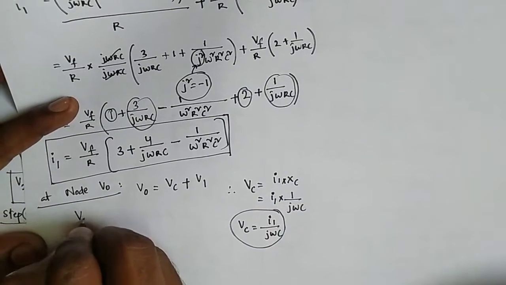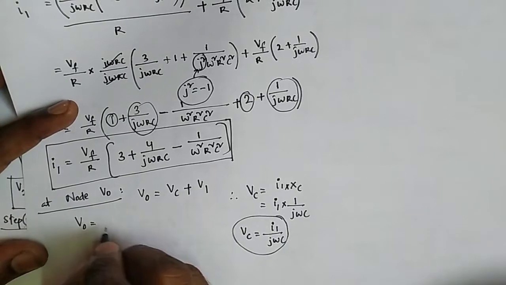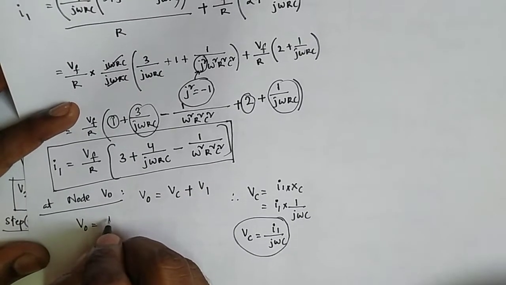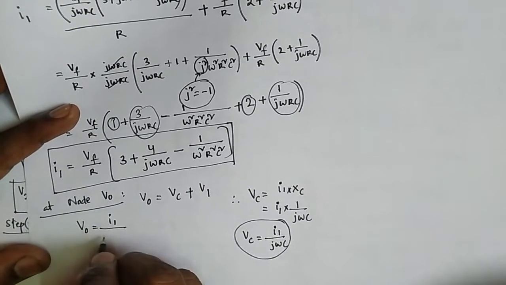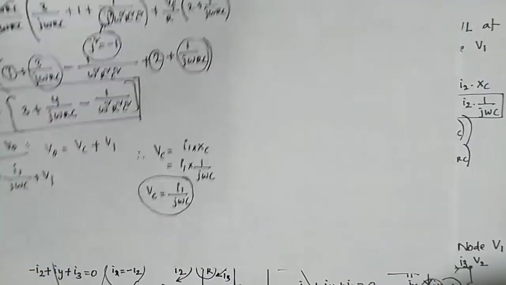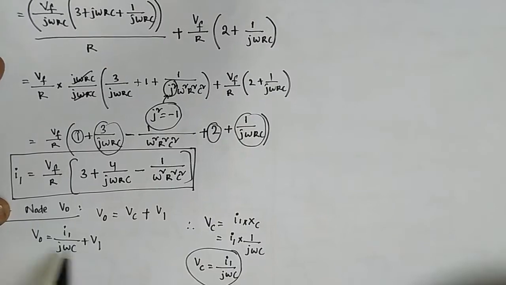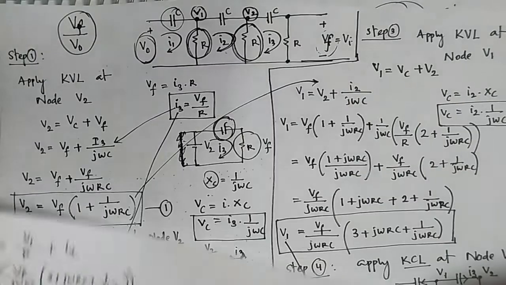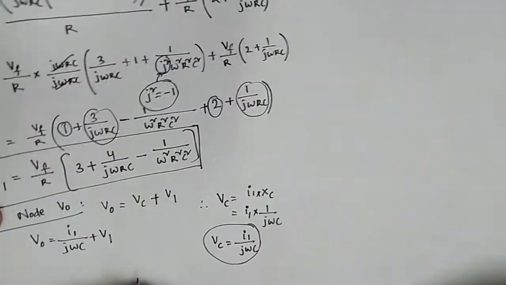Now V0 is equal to I1 by j omega c plus V1. In the previous condition, you know the I1 value and the V1 value. Both are substituted in this equation.